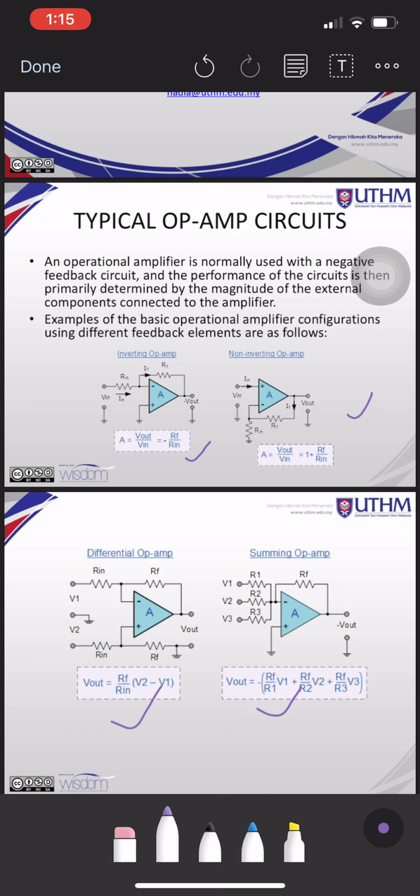Maybe you want to talk about the summing op-amp. Then you record your video, like your lecture like me. You explain about the op-amp circuit, you can choose either one, and then submit the video to me. That's your assignment for this week.